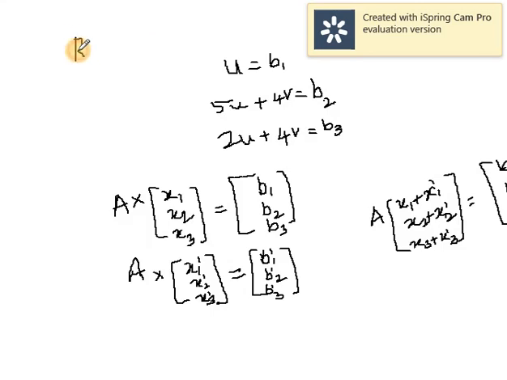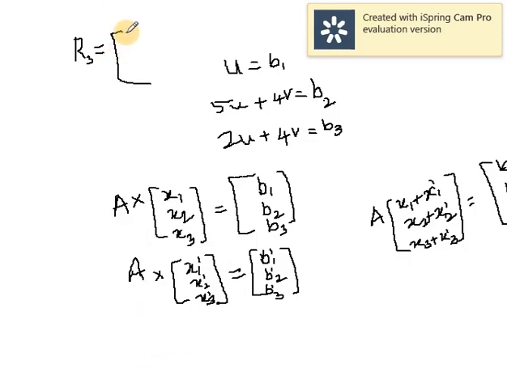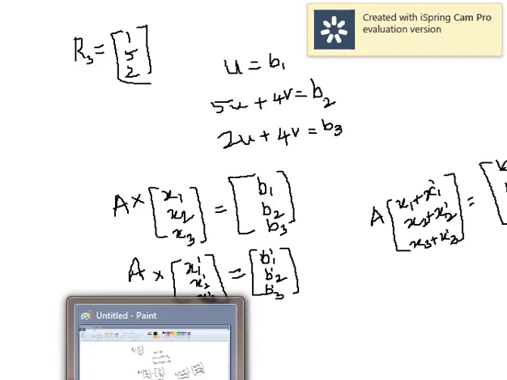It indicates R^3. R^3 has 3 components, whatever the values may be. Here the values are 1, 5 and 2. So it is R^3. Each of these columns in the column space is in R^3.